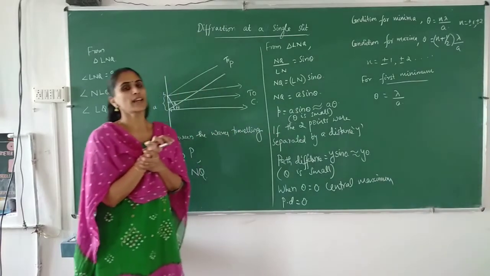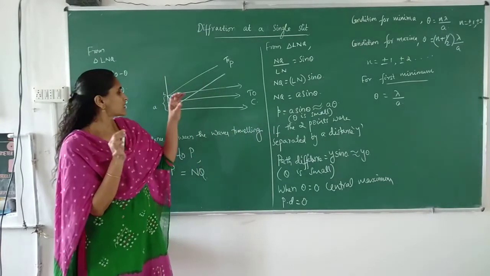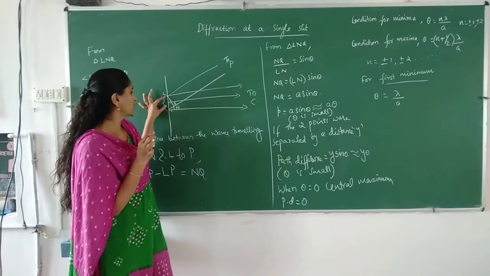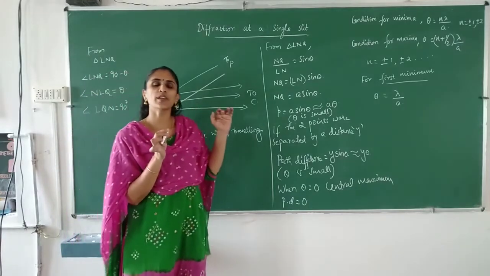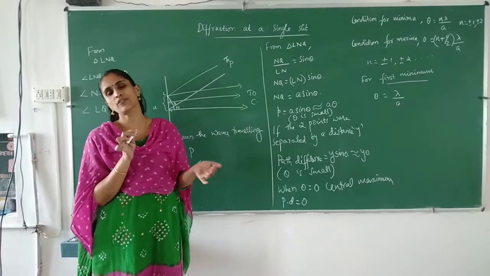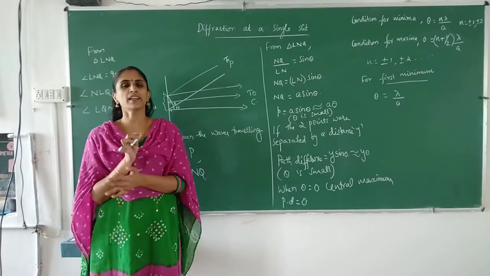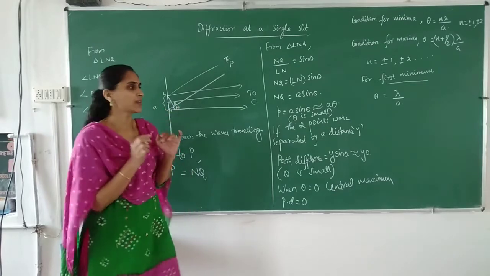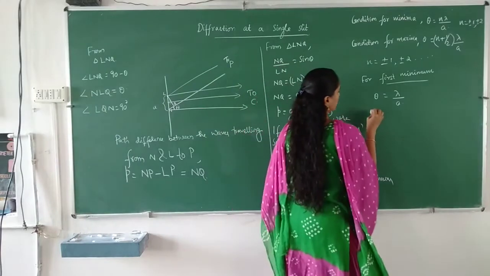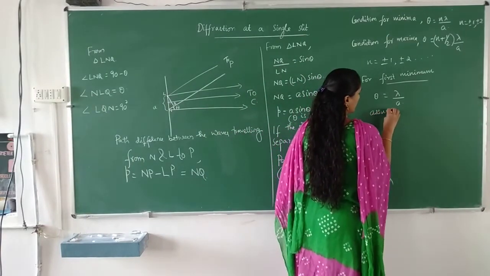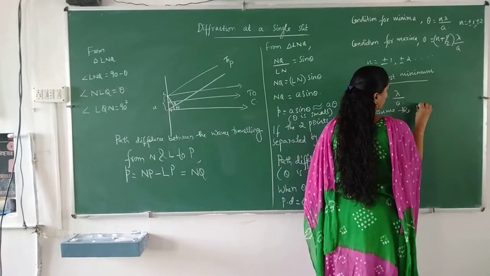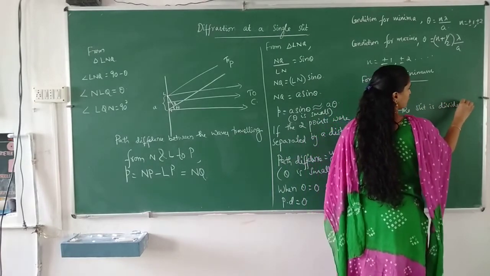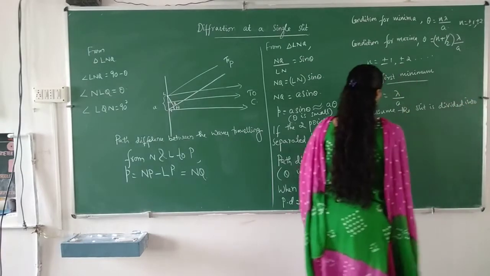Here what we are doing is assuming that the slit is divided into two halves, exactly two halves, so that corresponding to each point in the first half there will be a point in the second half, so that their separation is equal to a by 2.